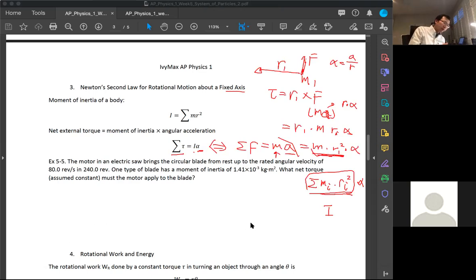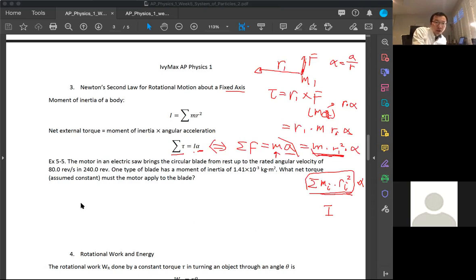All right, so for this question the idea is pretty basic. You just need to find the angular acceleration first, and then they ask for the net torque, right? The net torque is just the moment of inertia multiplied by alpha, the angular acceleration.